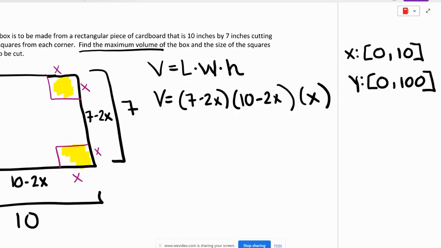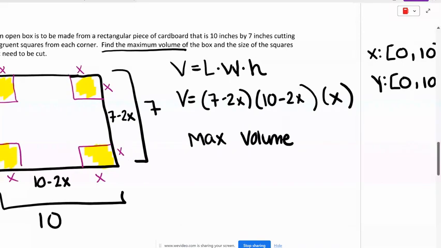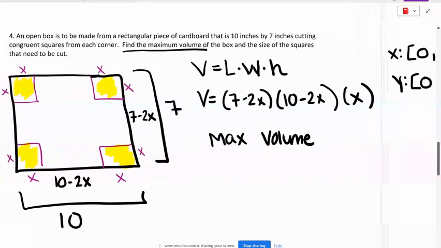So we want two things. We want the max volume, but we also want the size of the squares that need to be cut out.